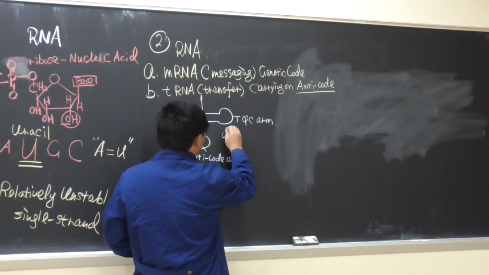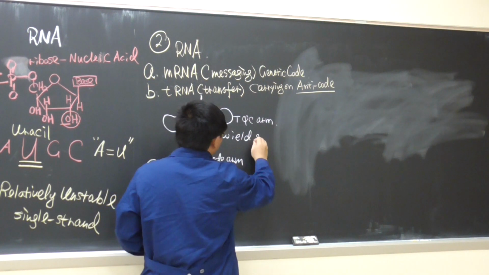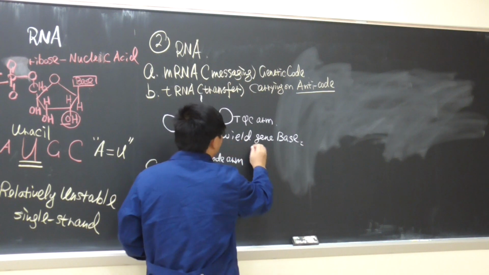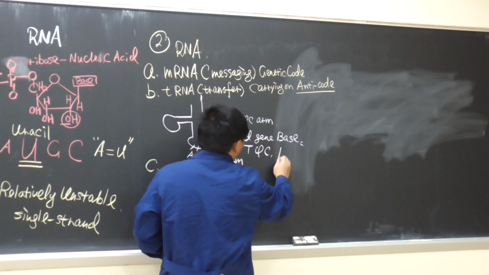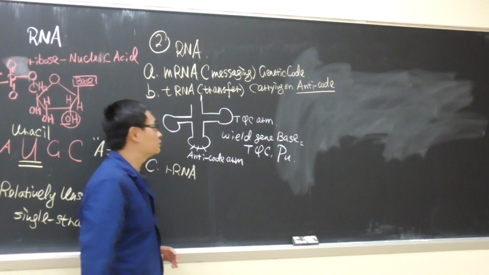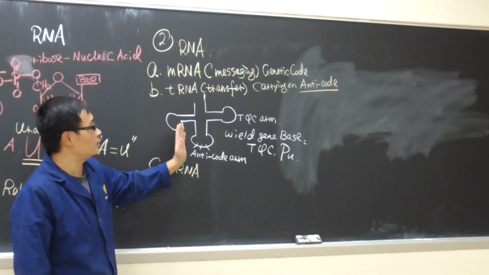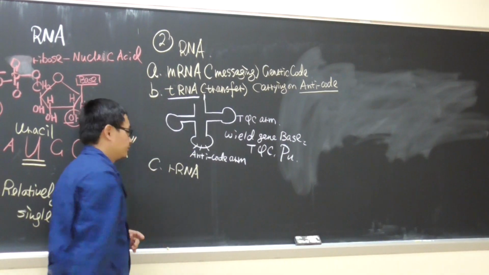What are the examples? T, psi, C, and pU. Those are weird bases. If you see weird bases, that means it's possibly tRNA.